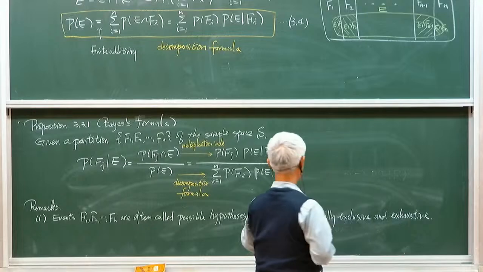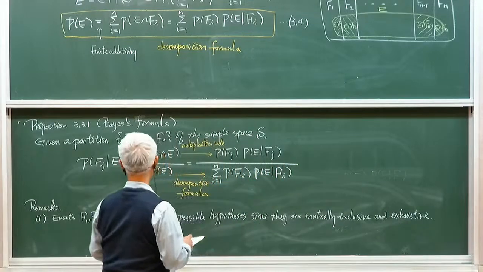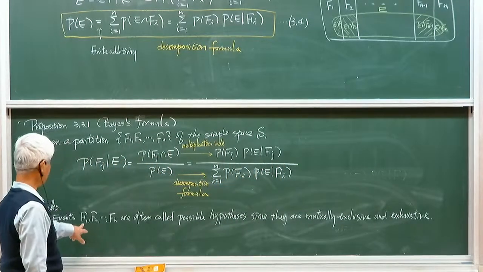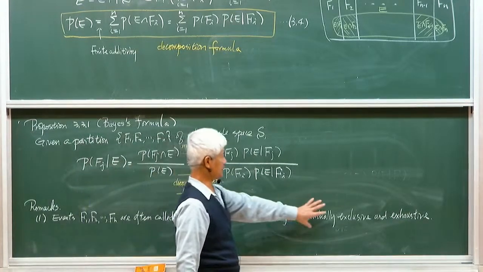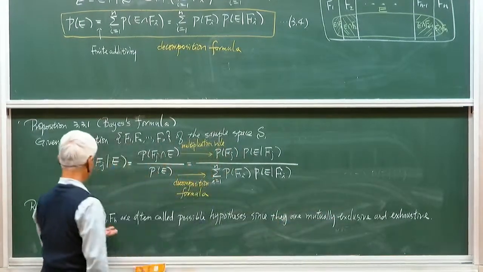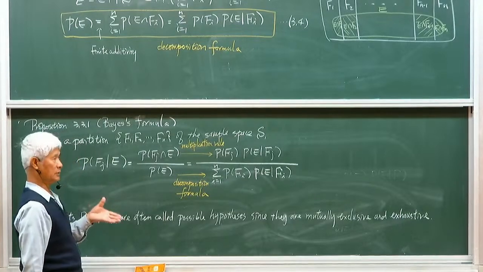Different Fi are disjoint from each other, so they are mutually exclusive, and exhaustive because their union is the total event.